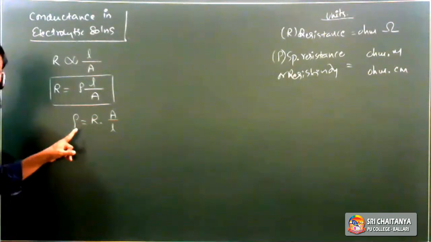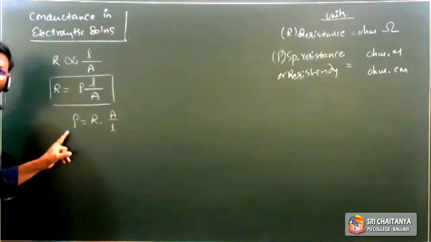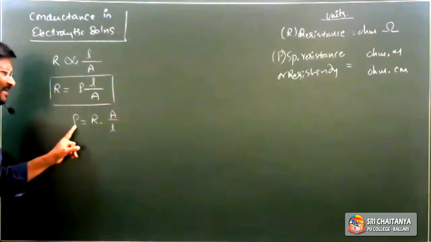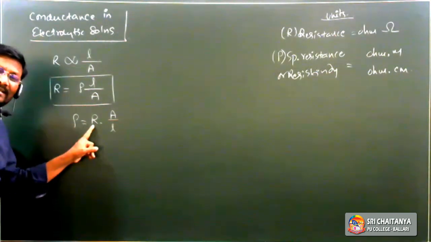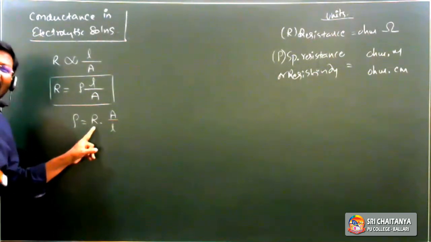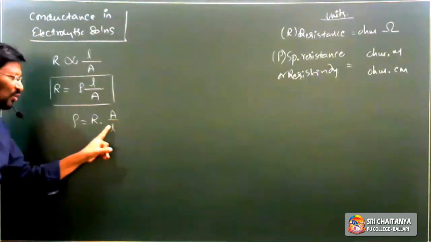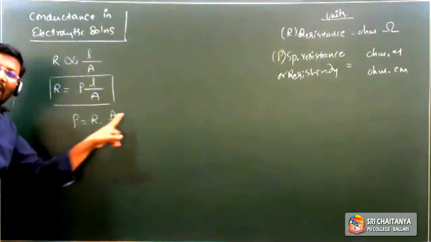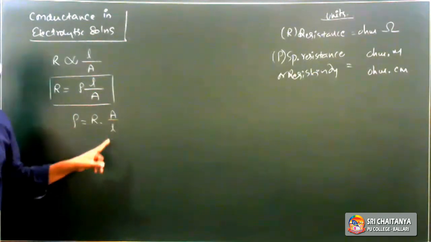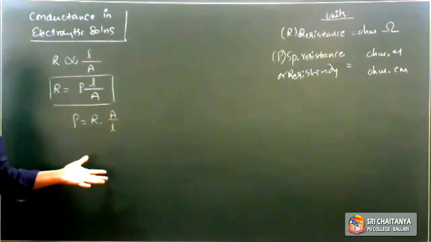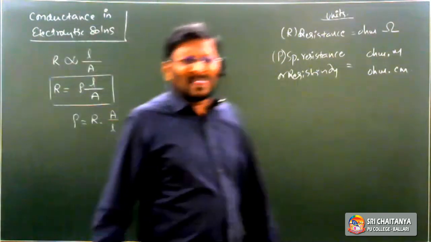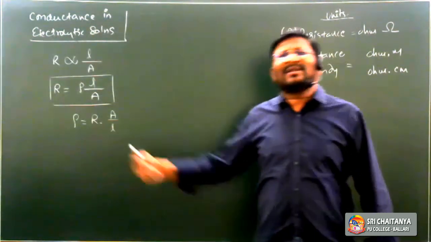Therefore, how do you define the rho? Very simple. It is the resistance offered by an object with 1 meter length and 1 meter square area of cross section. So the definition, if it is asked, from the formula itself you can define.